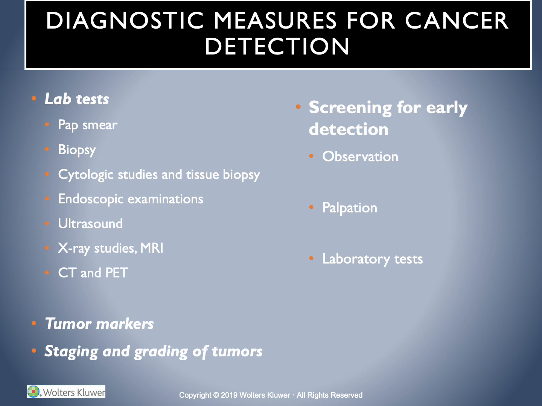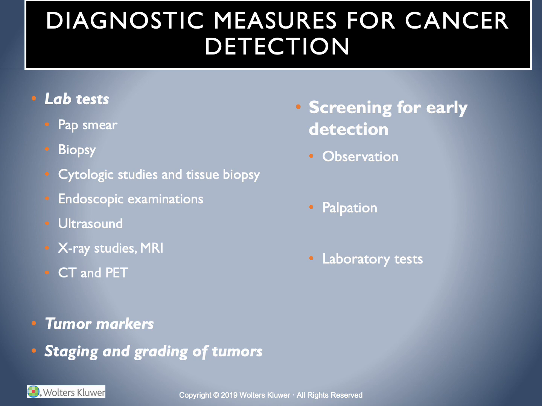We also utilize diagnostics such as biopsies. This involves the removal of a small sample of tissue or cells from a suspicious area. The sample is then examined under a microscope to look for cancer cells. Biopsies can be performed using various methods. There are needle biopsies, endoscopic biopsies, and surgical biopsies.